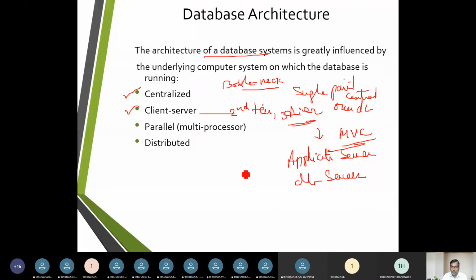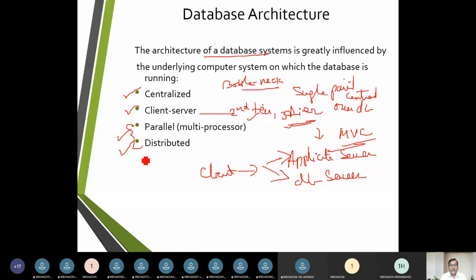So we have a client, and the client works with an application server, which works with a database server. This is where 2-tier or 3-tier architecture is concerned, and that is spread only to a single system. But if it is towards an autonomous system, then they prefer parallel architecture, or they work towards a distributed architecture.